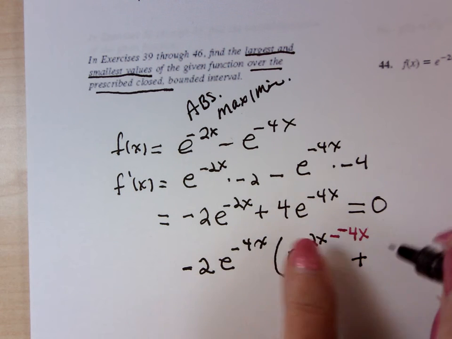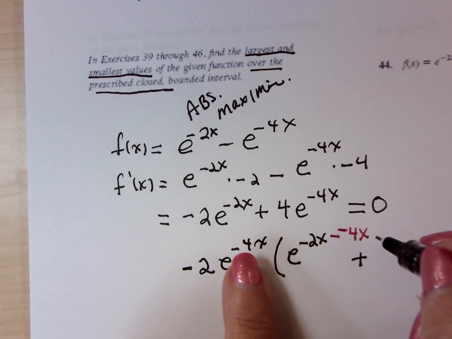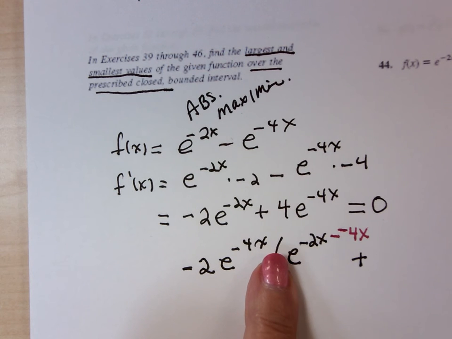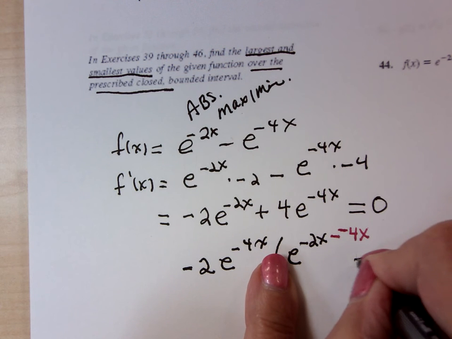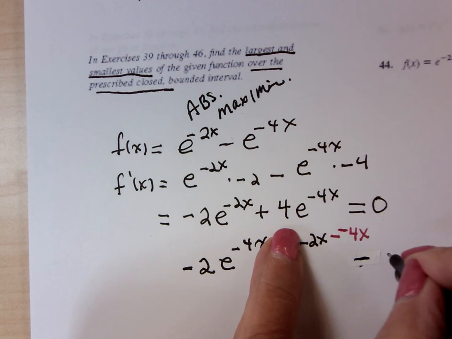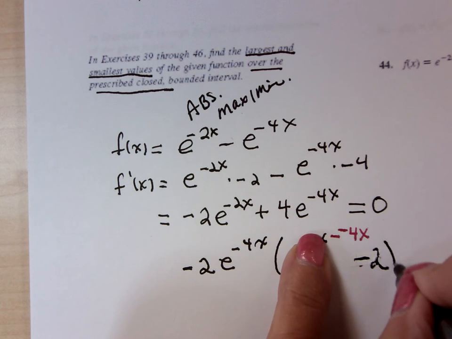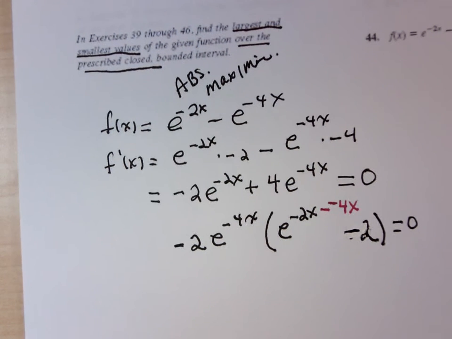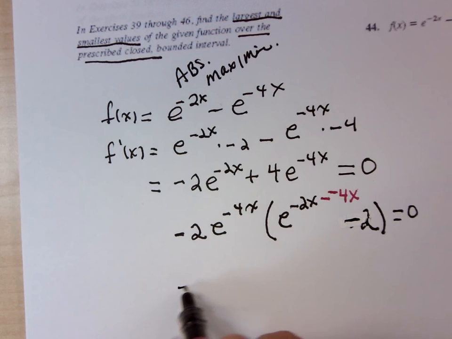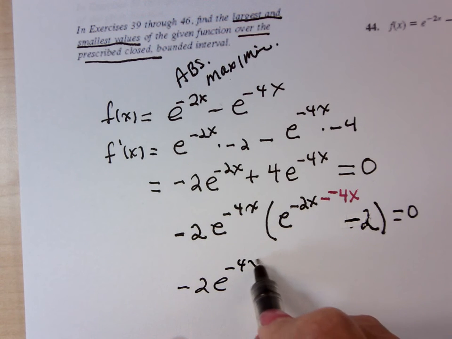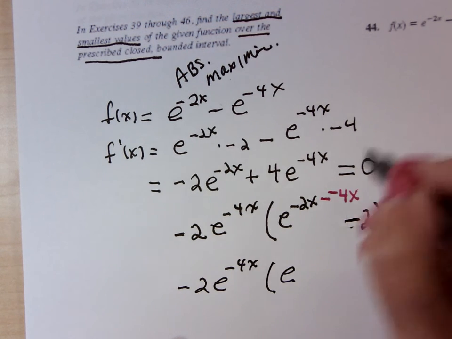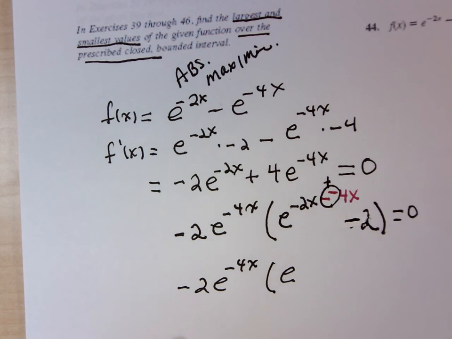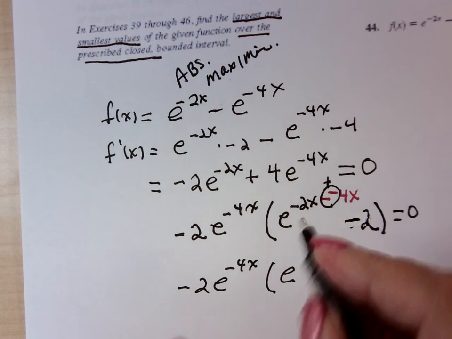And that's not a plus anymore, it's going to be a minus. I'm removing a negative 2, so that plus changes to a minus. That 4 changes to a 2, and I'm taking the e to the minus 4x. So, minus 2 e to the minus 4x times e to the minus and a minus is a plus. Minus 2x plus 4x is 2x.